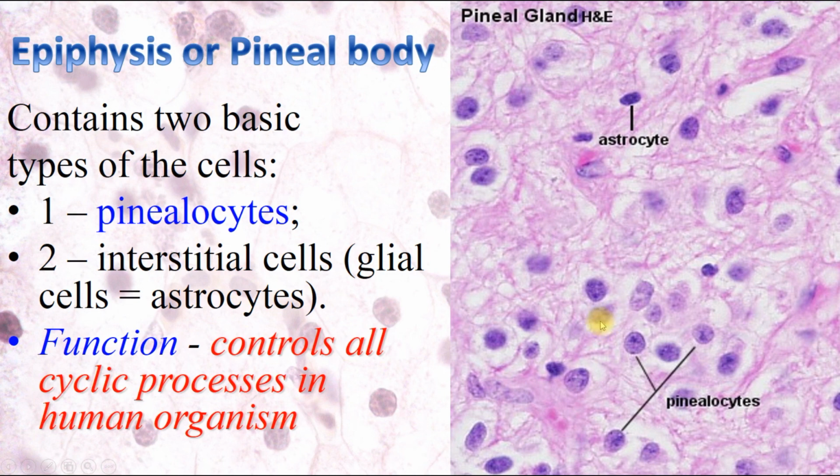The epiphysis, or pineal body, controls all cyclic processes in the human organism. Two main hormones of the epiphysis are serotonin and melatonin. Serotonin is produced during the day when we have bright lighting, and melatonin is produced in the darkness during the night, and cyclic production of them regulates different cyclic processes.